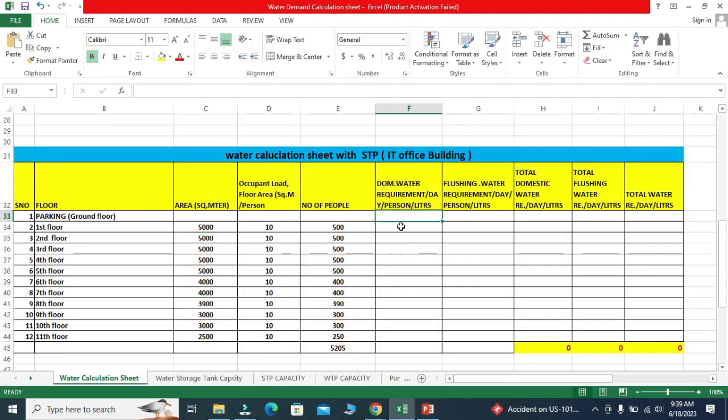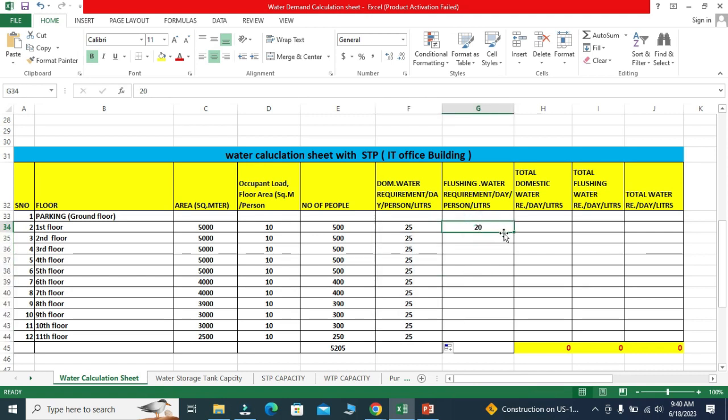So we can enter 25 liter per head for domestic water consumption. Then for flushing, 20 liter per head. This value we can get from the NBC code, water requirement code. In this way we can enter till the 11th floor.